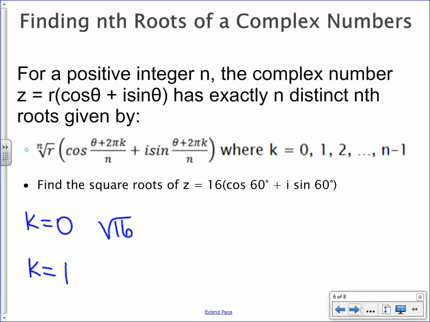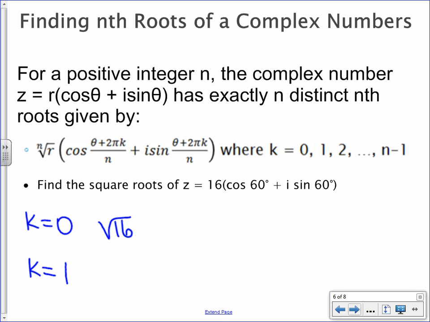Basically, k is breaking up our 360 degrees into even slices so that we can find all of the numbers that are the roots. By taking theta plus 2 pi k over n, it's giving us these equal slices where we're finding those, in this case, 2 numbers.